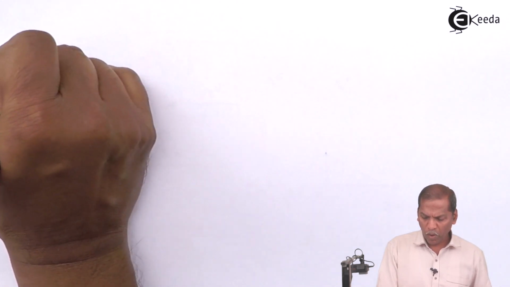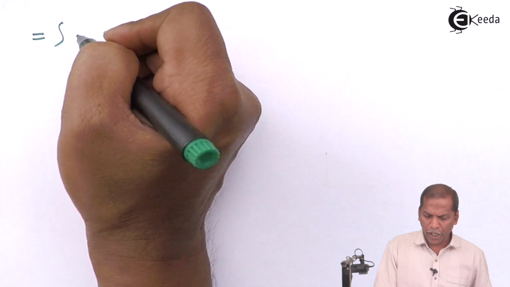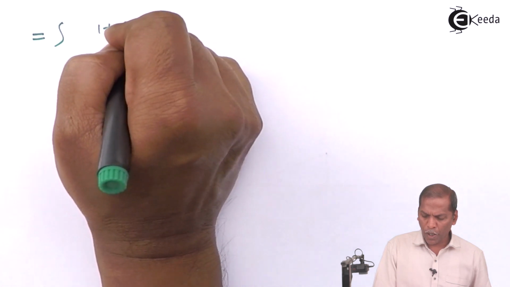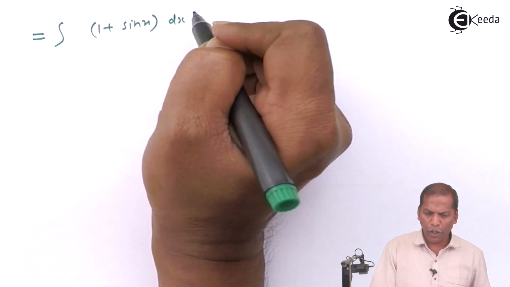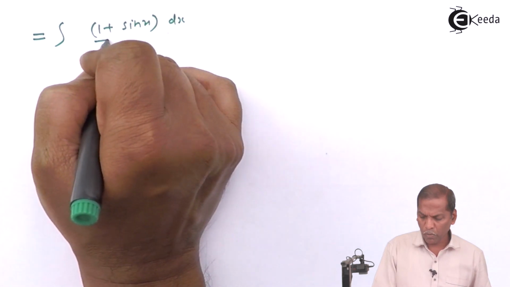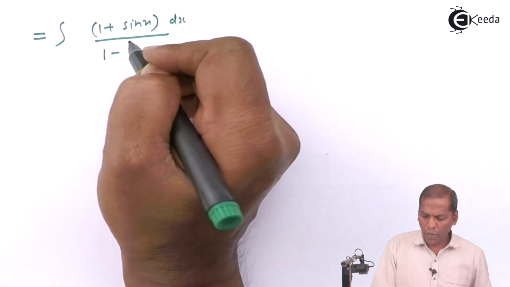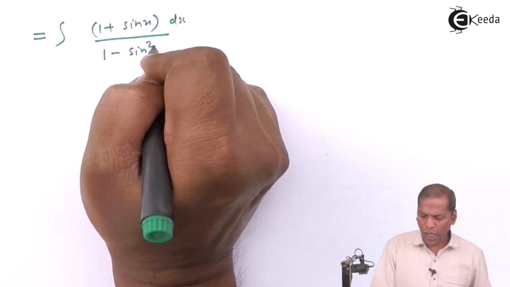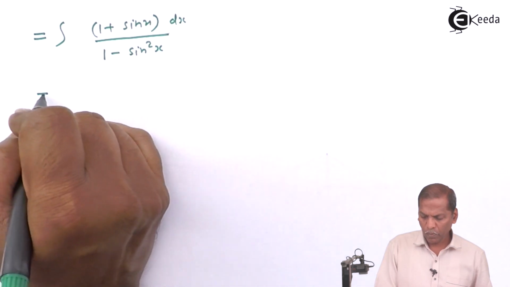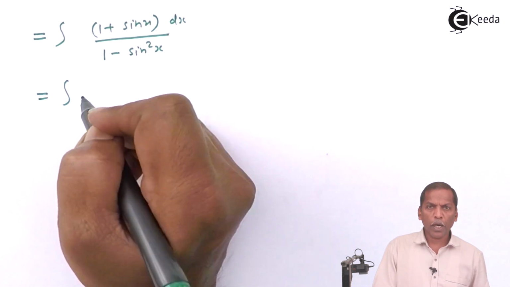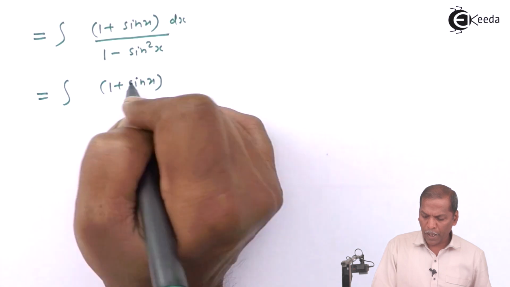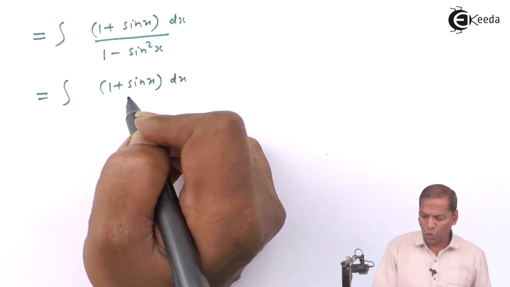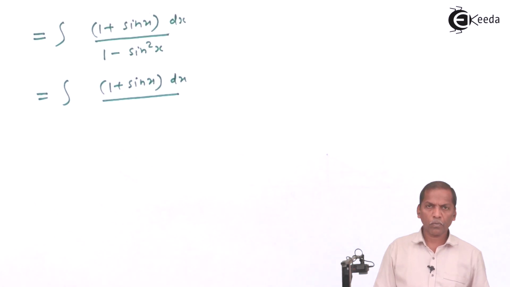The next step will be equal to the integral of 1 plus sin x, bracket complete, into dx upon 1 minus sin square x. So that is equal to the integral of 1 plus sin x dx in the numerator upon.